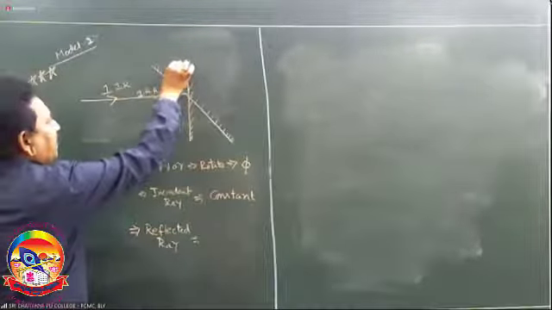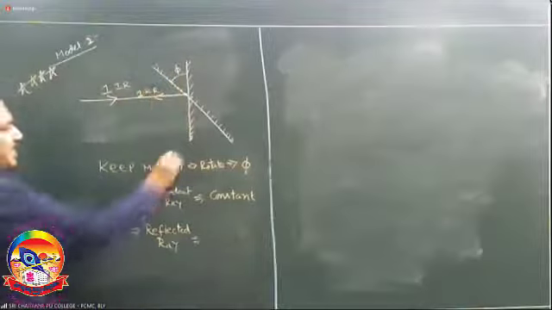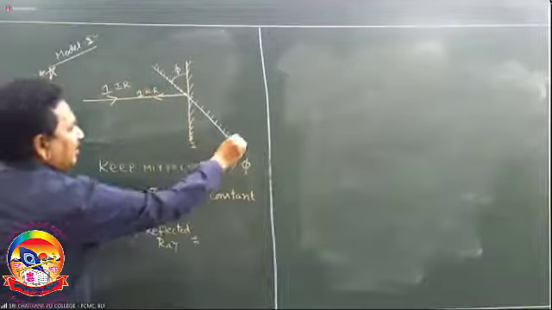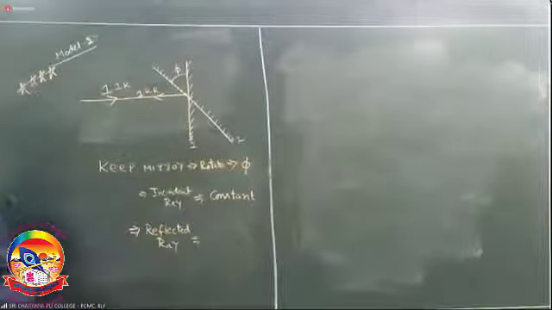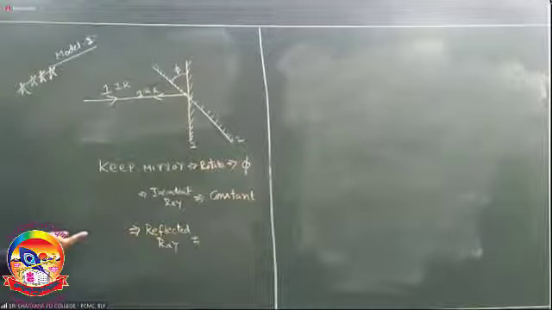This is first position of the mirror. This is second position of the mirror. Now I have to calculate the reflected ray. Then we have to find the angle between the second reflected ray and the first reflected ray. That is the rotation made by the reflected ray.